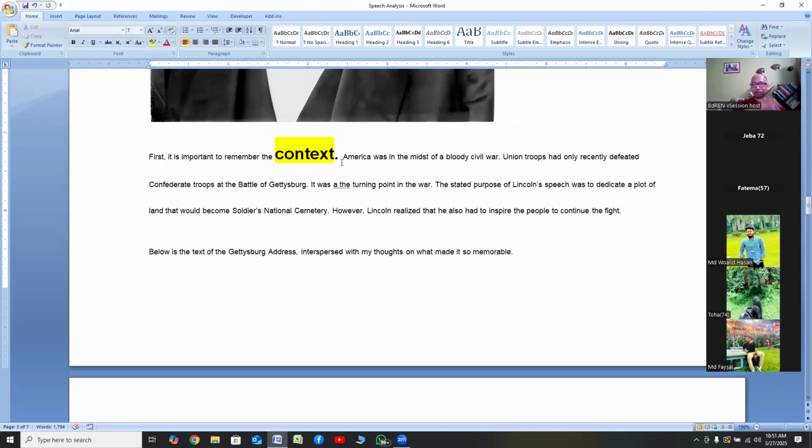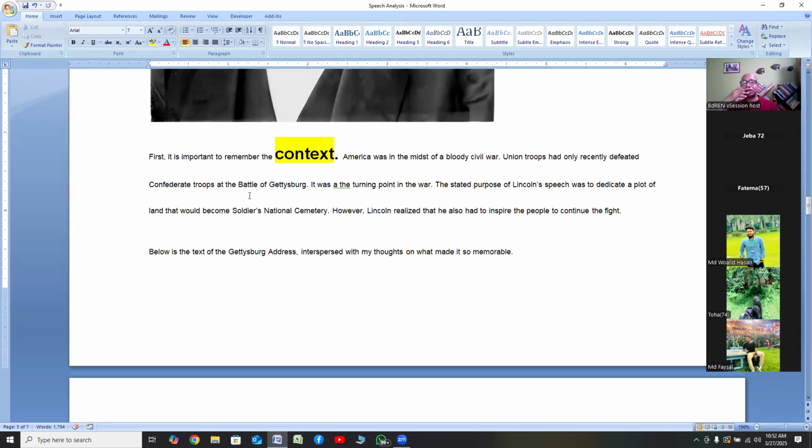Context means background. America was in the midst of a bloody civil war. Union troops had only recently defeated Confederate troops at the Battle of Gettysburg. It was the turning point in the war. The stated purpose of Lincoln's speech was to dedicate a plot of land that would become a soldiers' national cemetery.